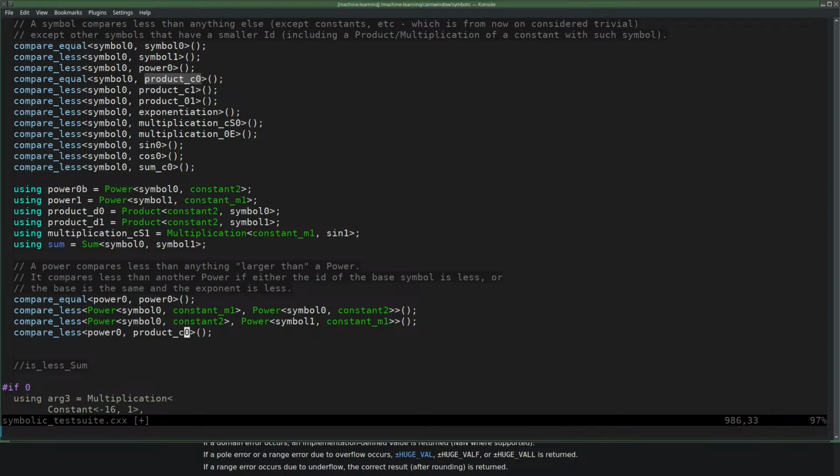Product with a symbol, that's not less. I guess I have to do the same thing as here, those three, but then with a product with a constant in front of it.